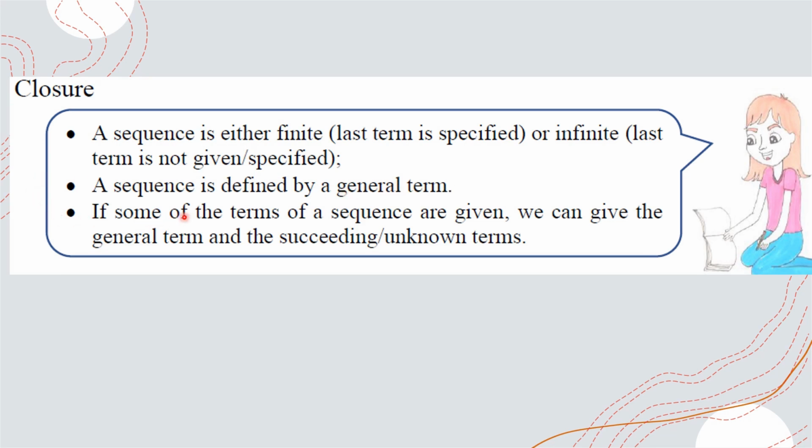And if some of the terms of a sequence are given, we can give the general term and the succeeding unknown terms. So ayan yung ginawa natin kanina. Kahit anong term ang gusto mong hanapin, malalaman mo na yan if alam mo yung ating general term.